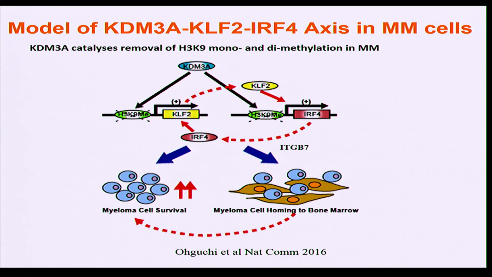IRF4 is a hallmark central abnormality in myeloma. If you block KDM3, you can restore methylation on these promoters, and not only inside the myeloma cell, but you're impacting biology, homing, and cell survival in the microenvironment by hitting one target and changing methylation.